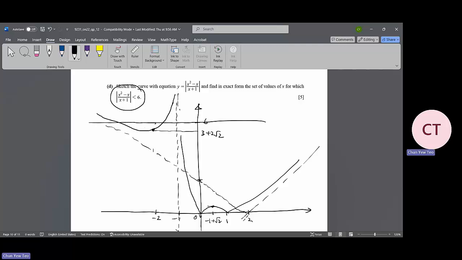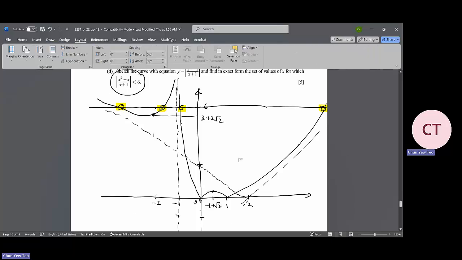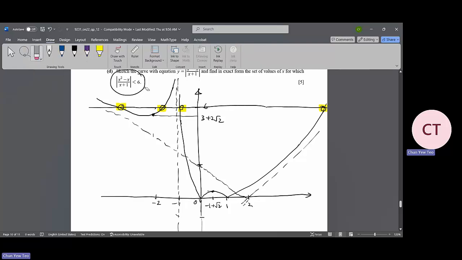You can see that if you extend this graph, eventually the line y equal to 6 will intersect with the modulus graph at 4 values. So we need to find out all 4 values. How are we going to find them? But wait a while, I will erase this one first, I don't want my graph to look so messy.